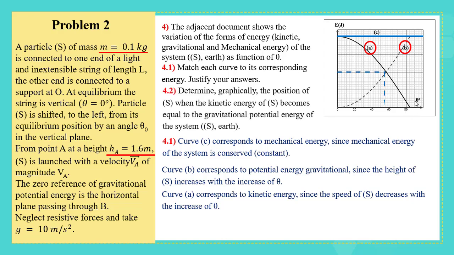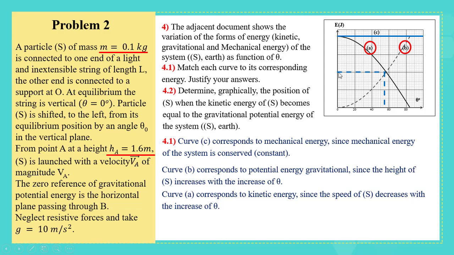Determining graphically the position of S when the kinetic energy of S becomes equal to the gravitational potential energy. We should determine it even if we have found it before, but this question asks us to determine it graphically. So we go back to the graph and try to find the midpoint of the mechanical energy where the kinetic equals the potential.